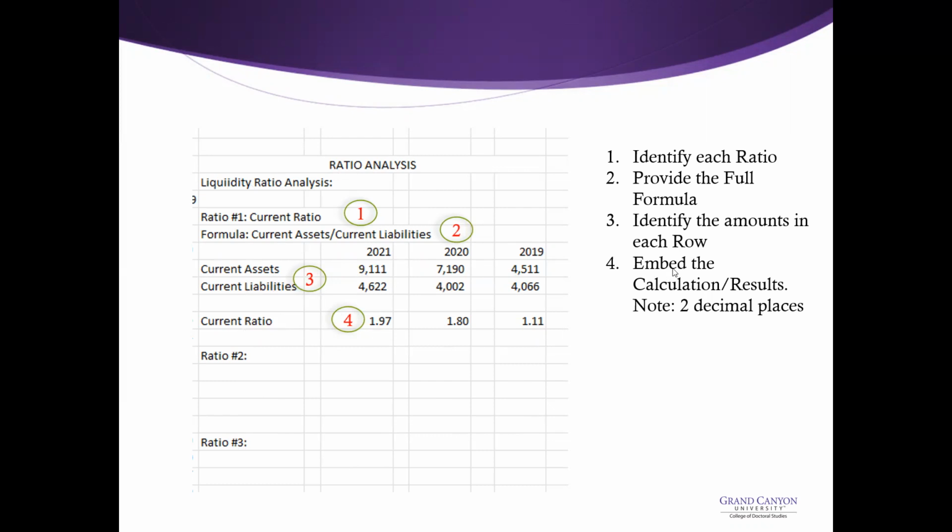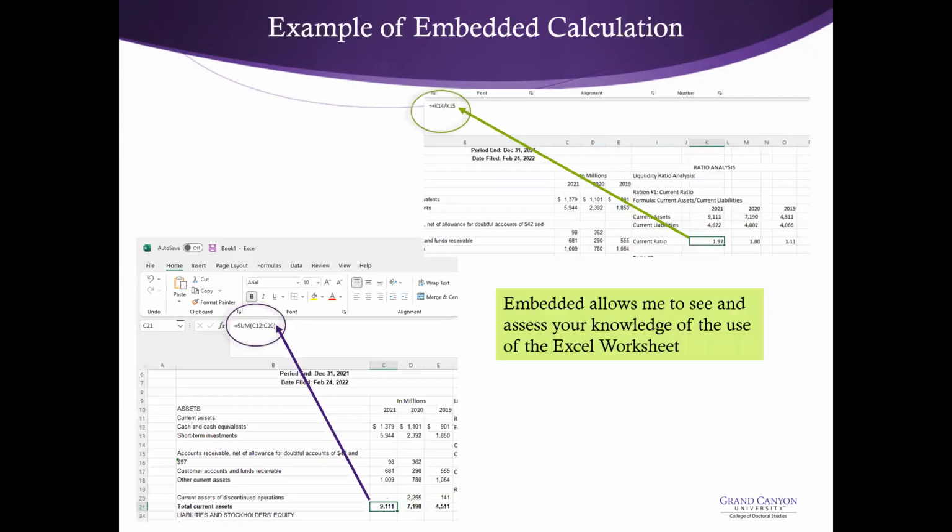Now, what does it mean by the word embed? Let's take a look at a couple of examples. Embedding is part of the understanding of how to use an Excel worksheet. It allows me to see and make sure that you are able to do simple calculations in an Excel worksheet.